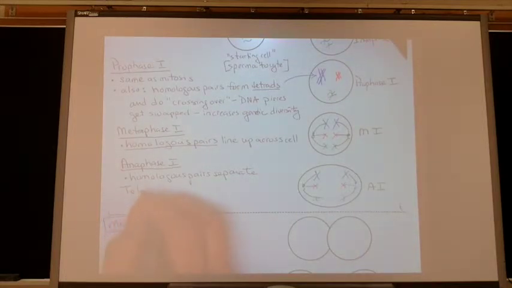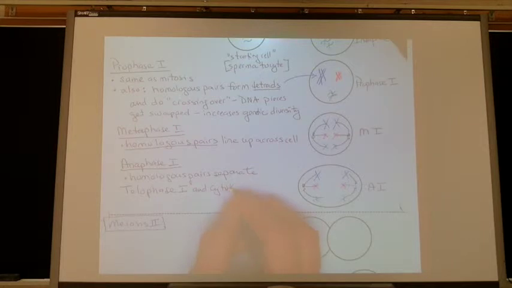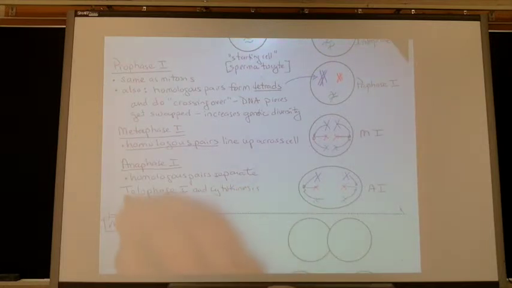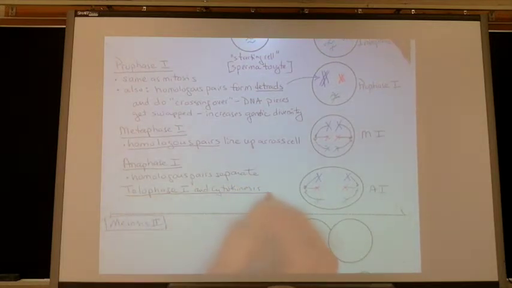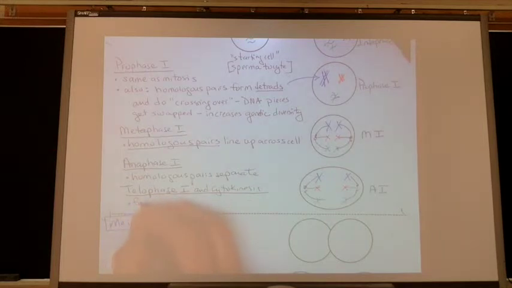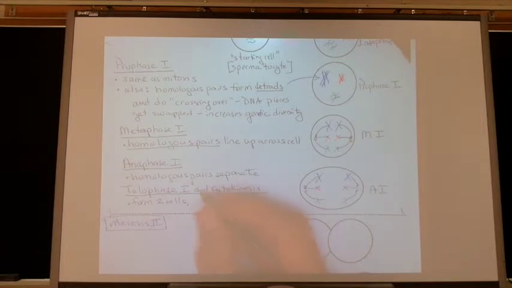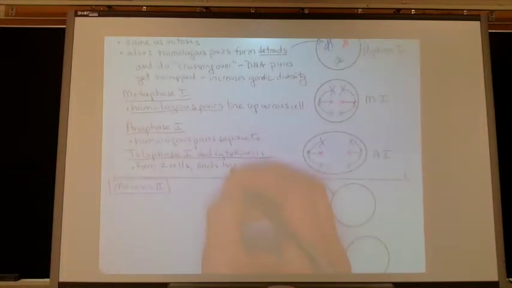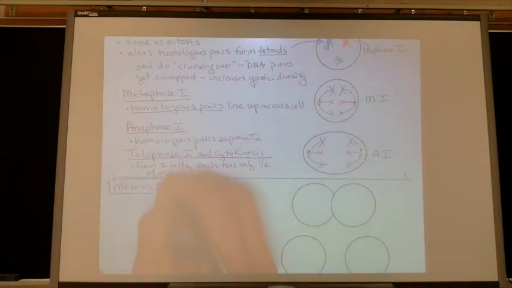So in telophase, this is a little bit odd. Telophase 1 and cytokinesis. You're going to form two cells, but each of which has only half the original homologous pair.